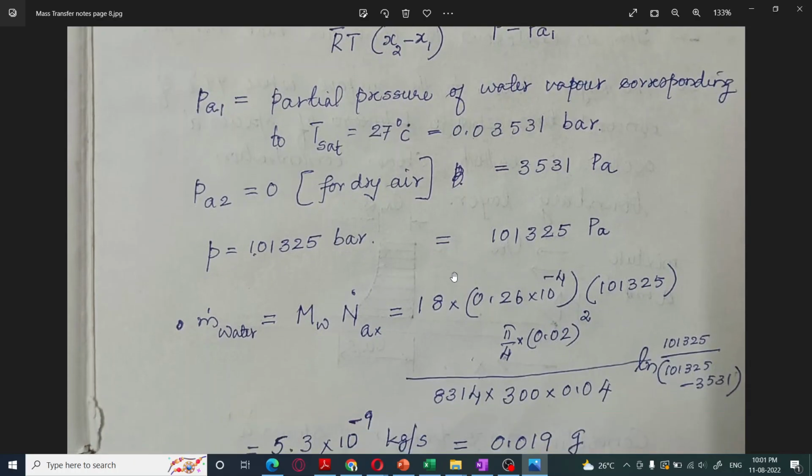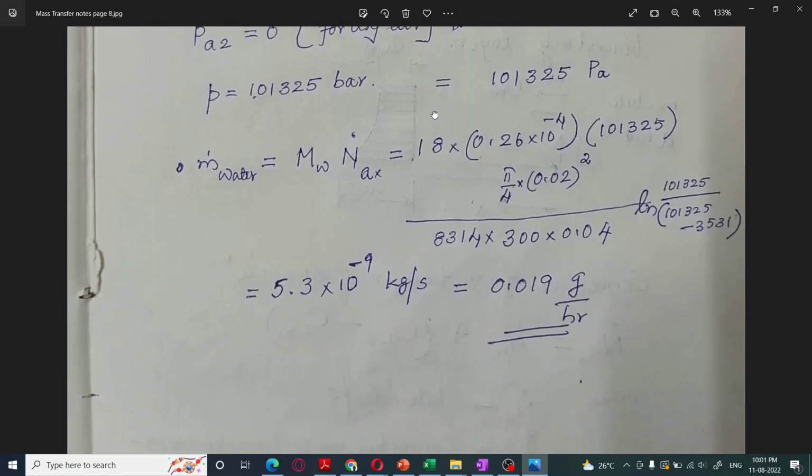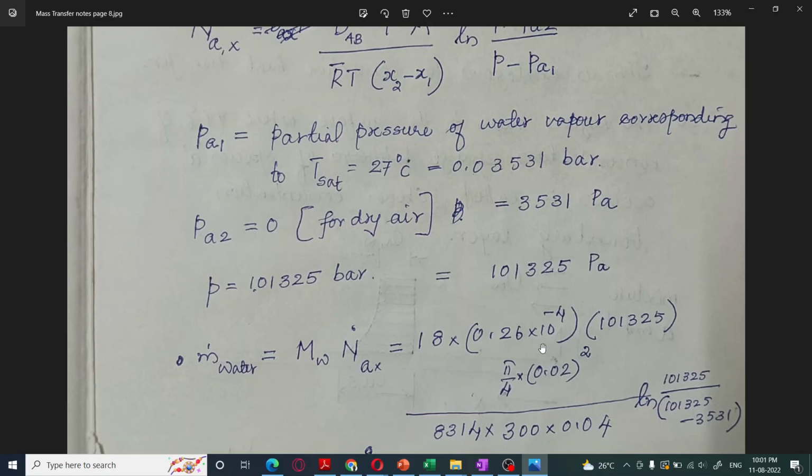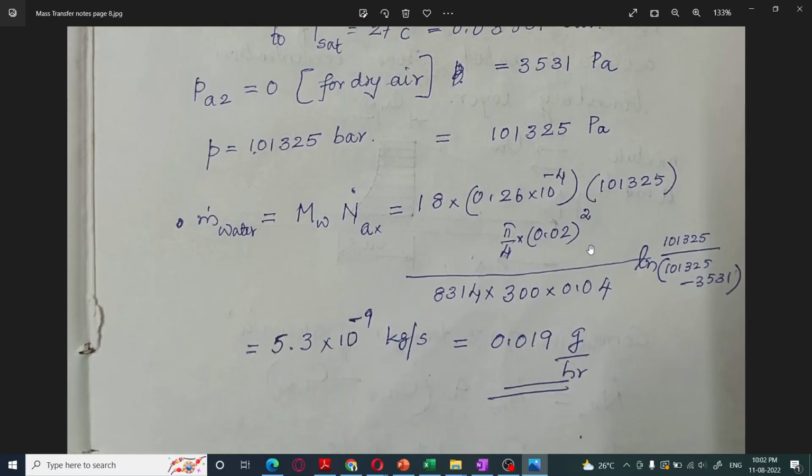Substituting all these, and also if you want to get the answer in kilograms of water per second which is evaporated, this equation should be multiplied with the molar mass of water, which is 18. So substituting everything, 18 into diffusion coefficient 0.26 into 10⁻⁴ meters square per second into total pressure is 101325 pascal into area pi by 4 into 0.02 square into log P minus 0.